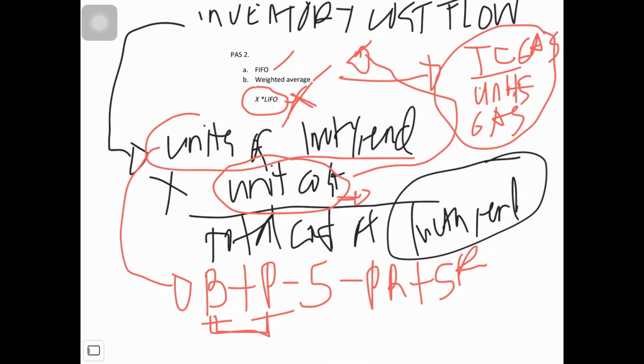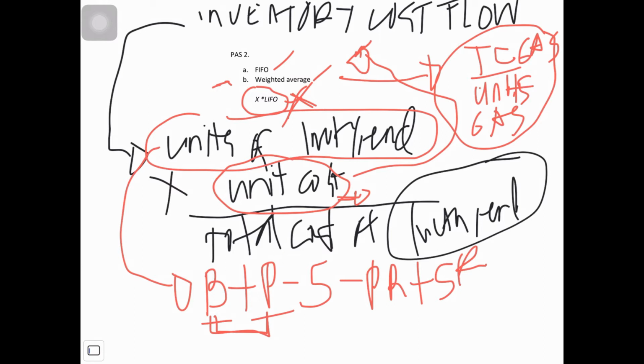So, what is goods available for sale? It is beginning inventory plus purchases. After you get this, you multiply it by the units of inventory end. So, the basic formula is units of inventory end times unit cost. That unit cost is either FIFO or weighted average.